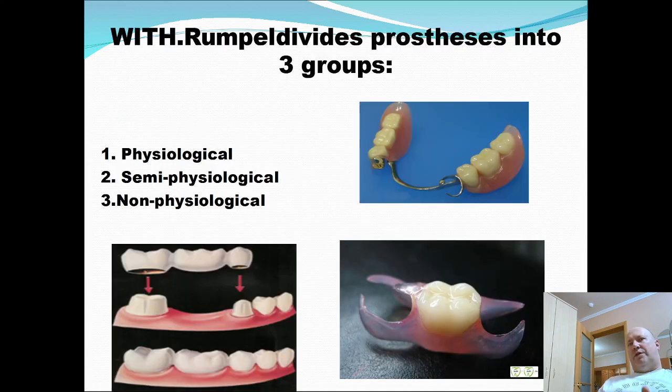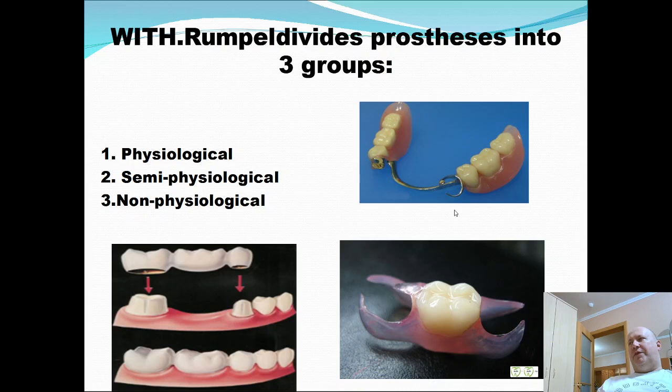There are three groups of prostheses. It's physiological: this is crowns, this is bridges.